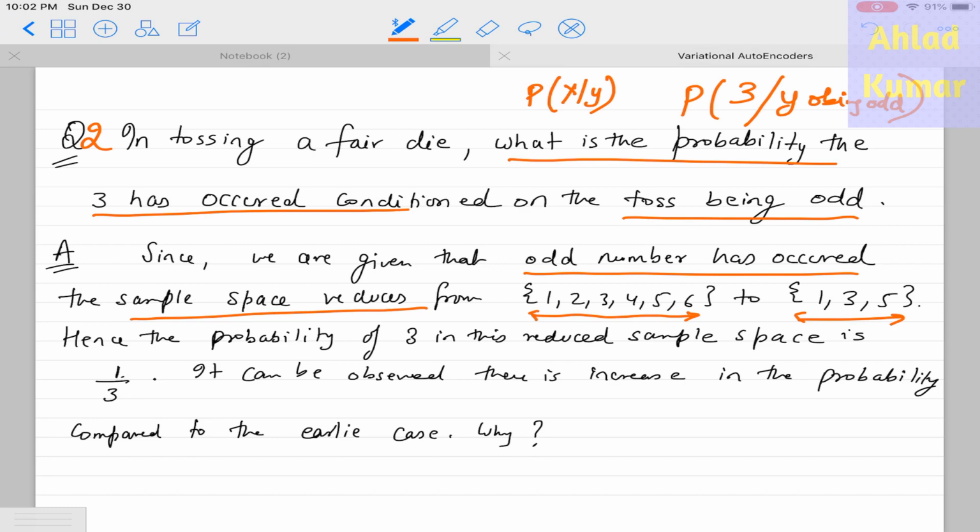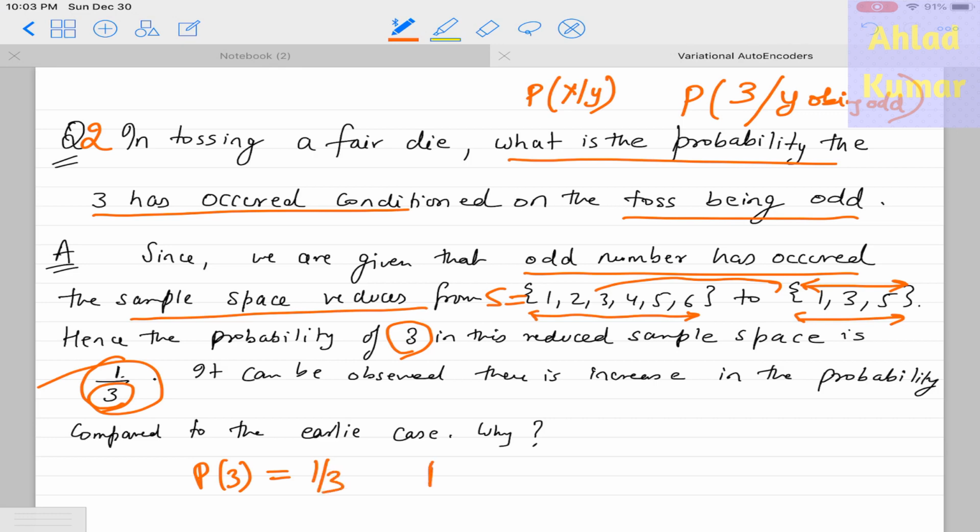So our sample space is reduced from 6 samples to 3 samples. So the probability of getting a 3 is now 1 divided by 3, where 3 is the total number of samples in the reduced sample space from the original sample space S. We can observe that the probability of 3 now is 1 by 3, but in the earlier case the probability of 3 was 1 by 6.